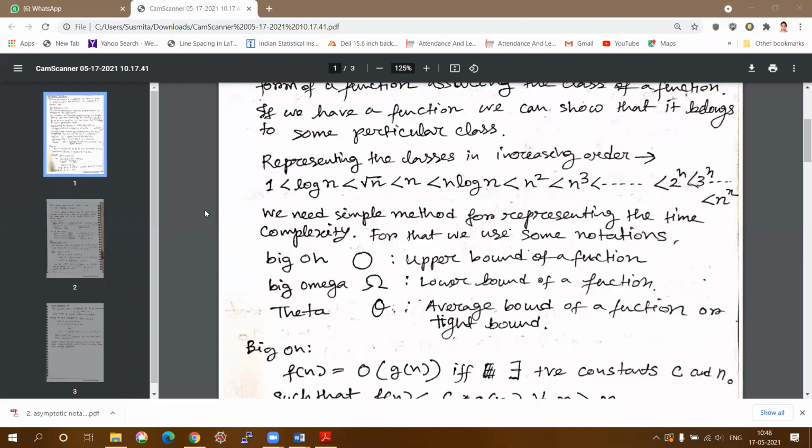So as I'm saying, we represent the time complexity using some function. How much time will be required to run an algorithm, we represent using a function. What will be the parameter of the function? In the parameter of the function, we use the number of inputs as a parameter, and that is represented by n.